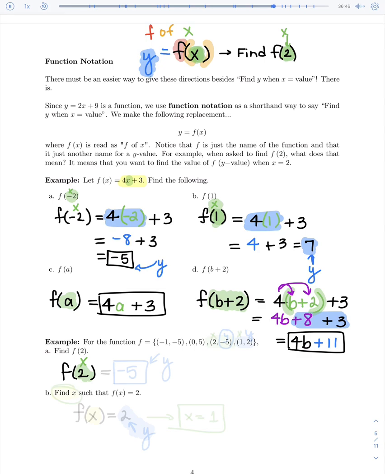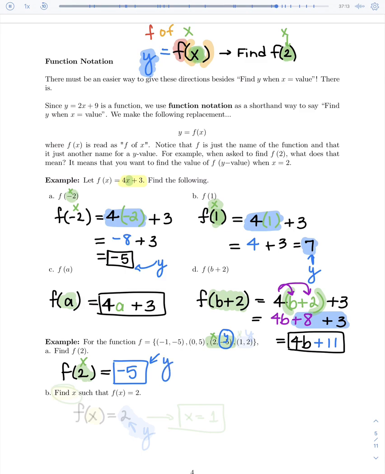There's only one point that has an x value of 2, and that is the third point here. It has an x of 2. So we have the x. That must mean that we're trying to find the outcome, the y value. Well, the y value would be the negative 5. So when I plug in an x of 2, I get out a y value of negative 5.